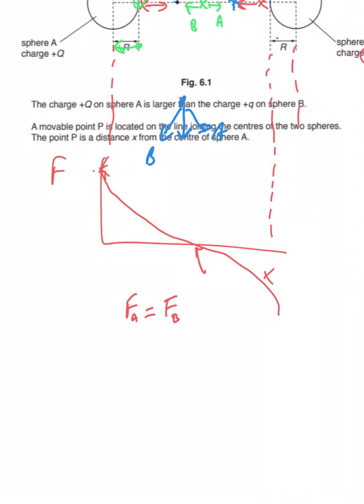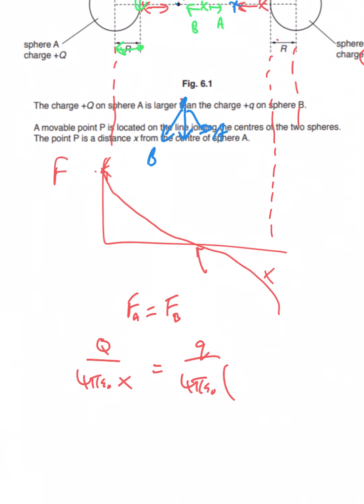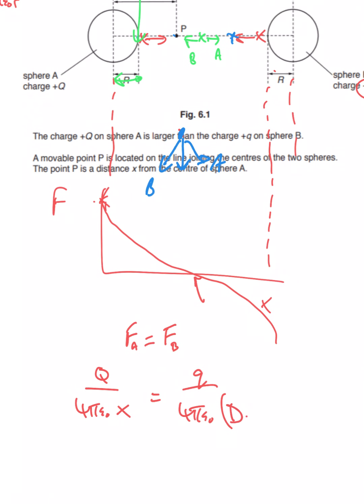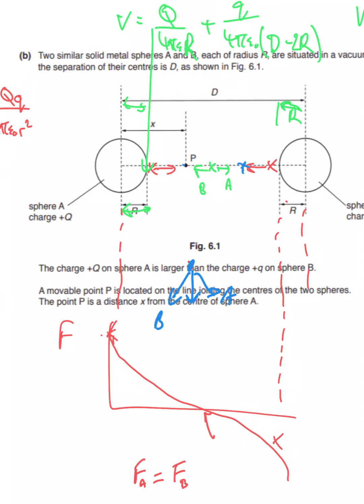So I can say that big Q over 4 pi epsilon naught, that is now going to be x. That will be equal to little q over 4 pi epsilon naught, and this one will be d minus x, because that is this distance here.